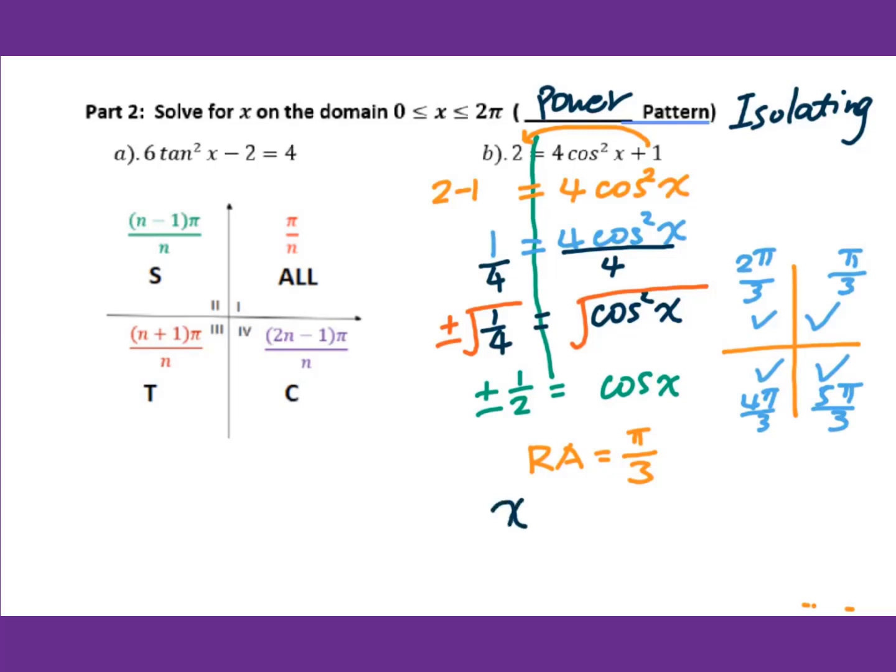Therefore, this will be the solution. x equals pi over 3, 2 pi over 3, 4 pi over 3, and 5 pi over 3.